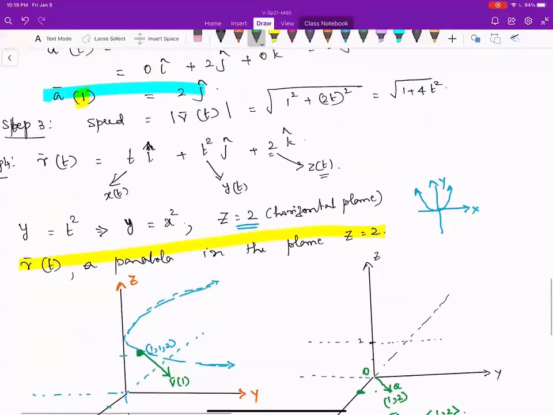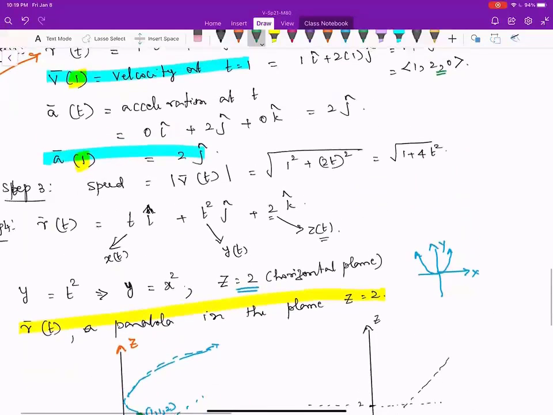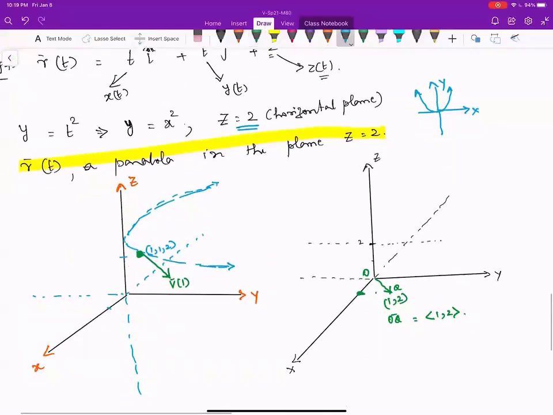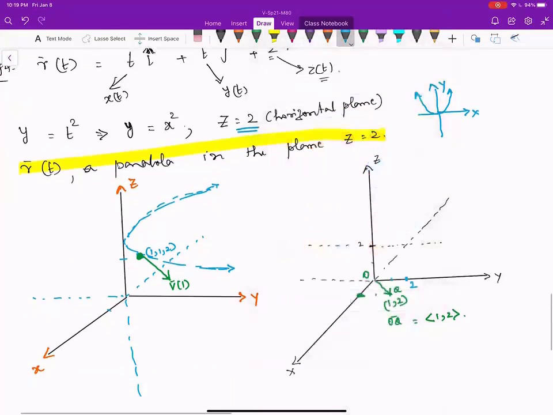Now, what is the acceleration vector we found out? The acceleration vector was 2j. If I draw that individually on this graph, 2j is a vector along the y-axis, along the j direction, of 2 units. So it is along the y direction. Let me call this vector OR.